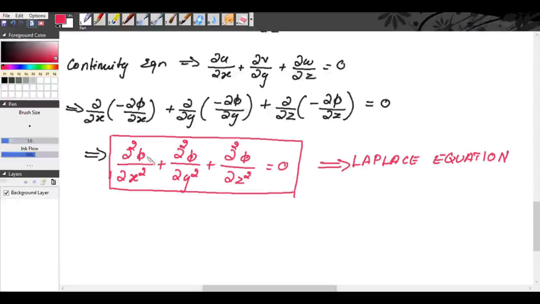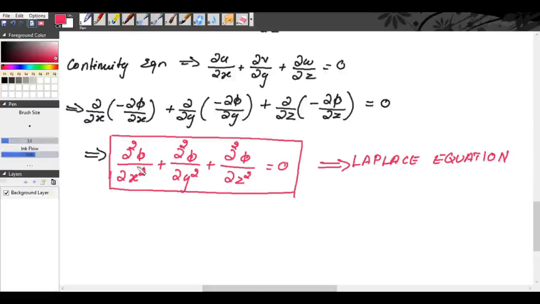See this, that means your velocity potential satisfies the Laplace equation. So if the velocity potential satisfies the Laplace equation, it is a case of a fluid flow. Already we have seen for a continuity equation, if a flow satisfies a continuity equation, it is a state of steady incompressible flow.